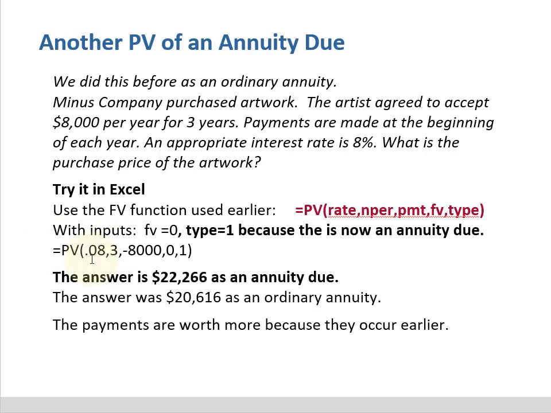Now we're saying that those 3 payments of $8,000 a year are worth more than they were before. That's because the payments occur earlier, so less of the amount being paid to the artist is interest, and more of it is for the value of the artwork. So now we would compute that that artwork must be worth $22,266.